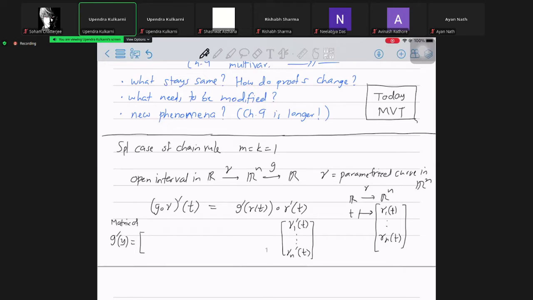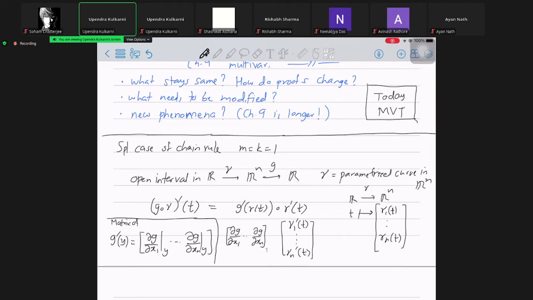So this is just going to be partial derivatives of G with respect to x1 evaluated at Y all the way up to xn evaluated at Y. This is what's going to happen. So when I write down this matrix, it's just del G by del x1 up to del G by del xn.